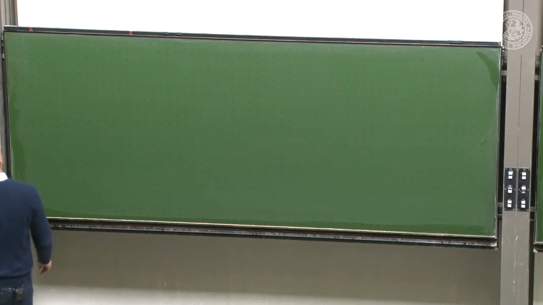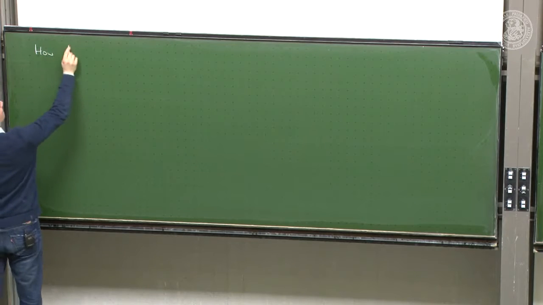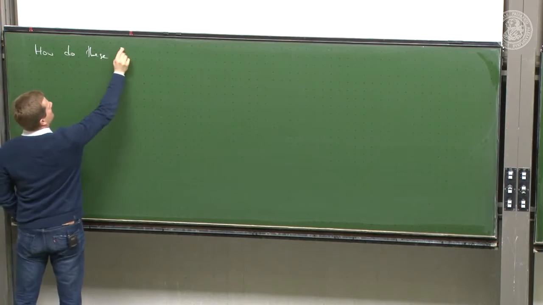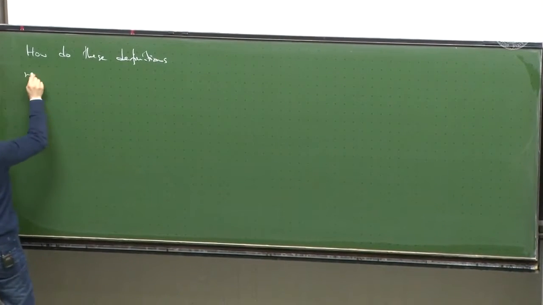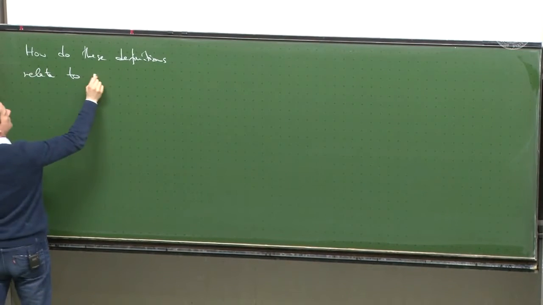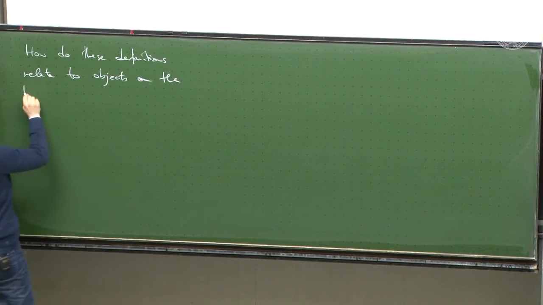So we would now like to relate this to objects on the base space. So how do these definitions relate to objects on the base space?